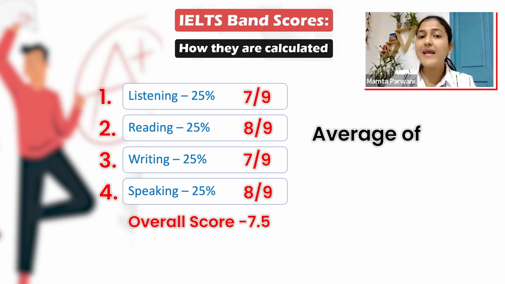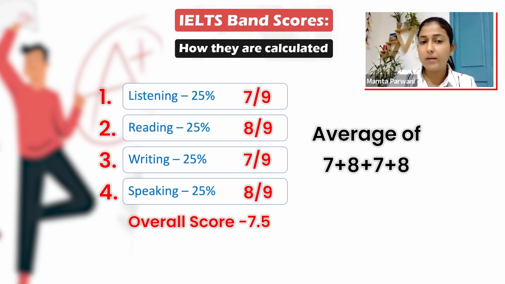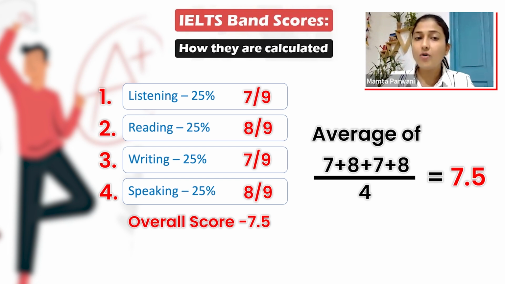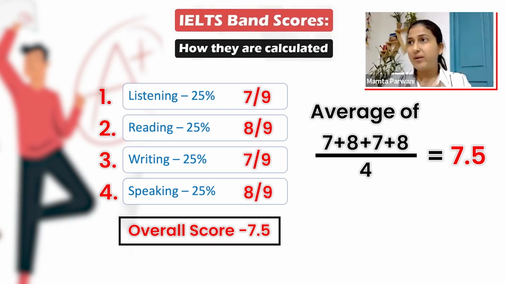How? It would be an average of 7 plus 8 plus 7 plus 8 divided by 4. Why 4? Because each has equal weightage. So an average would be taken and you will get your overall band score. What is 7.5? It's your overall band score.